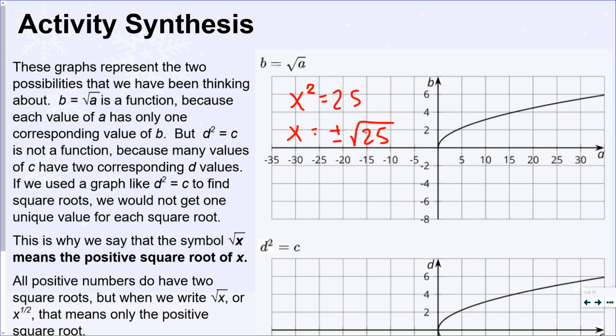Now we happen to know that that's 5, right? I'm going to leave it as root 25 for just a second to kind of illustrate something here. So we know that there are 2 answers that work, the positive root 25 and the negative root 25. But in both cases, the sign is outside the radical.